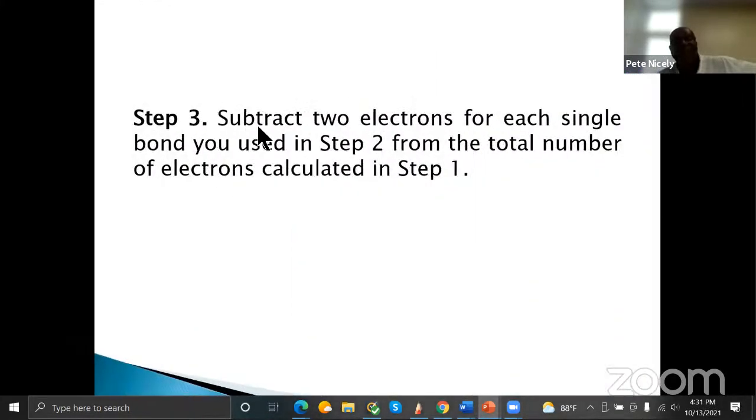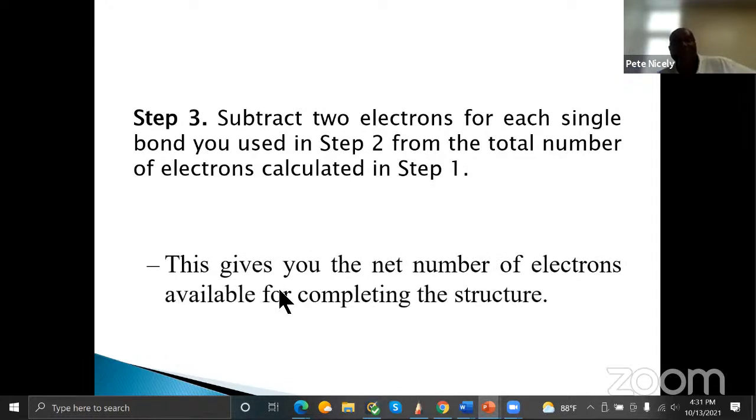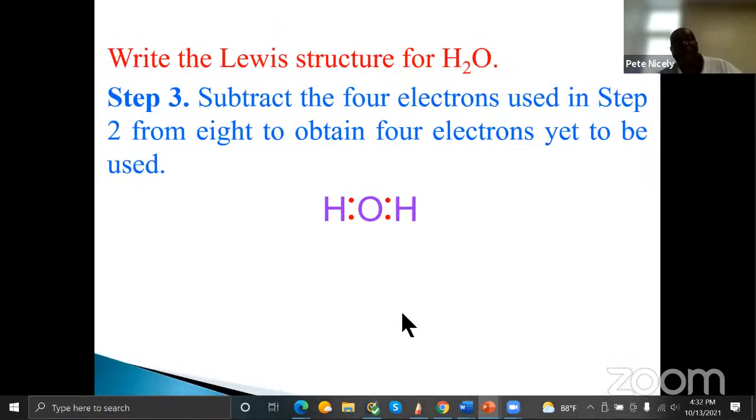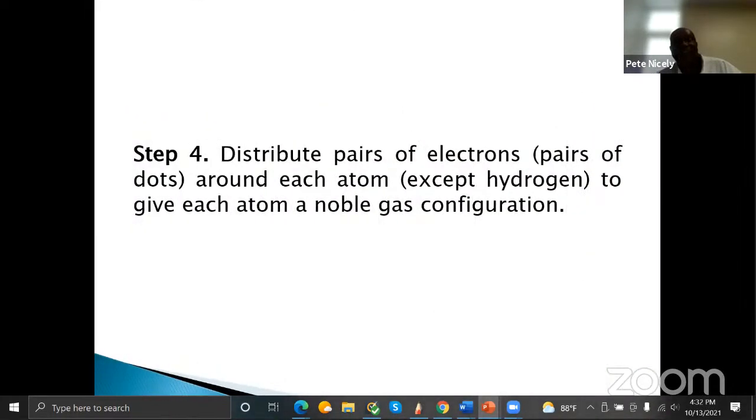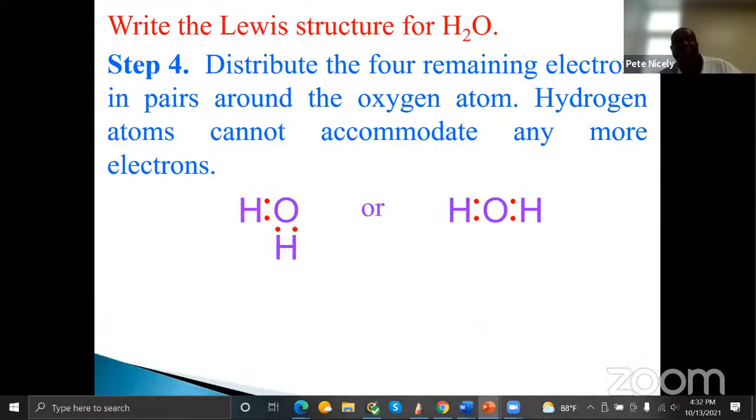So it says here, step 3, subtract 2 electrons for each single bond you use in step 2 from the total number of electrons calculated. So that would be 4 electrons. And then that will give you the number of electrons available for completing the rest of the structure. So the other 4 electrons will end up on the oxygen. Let me just jump to this page here.